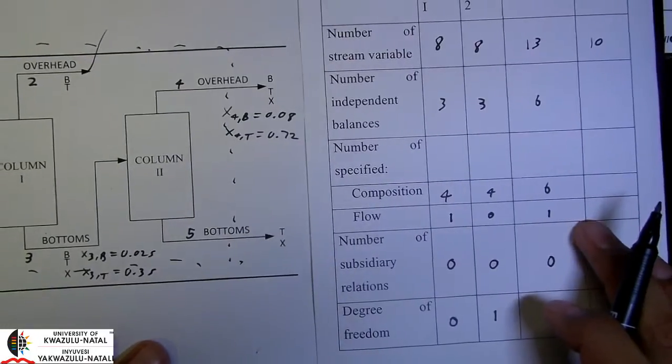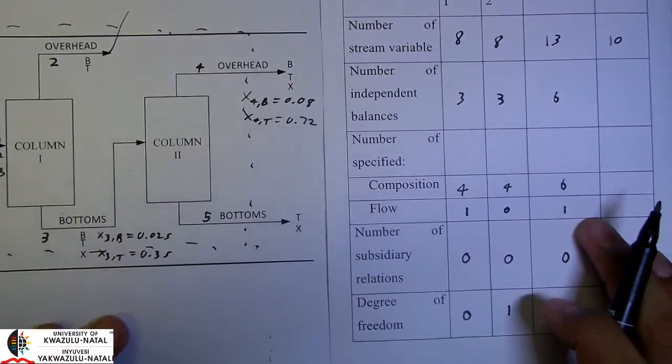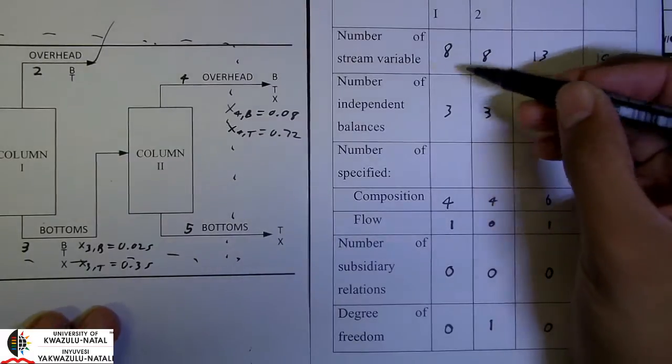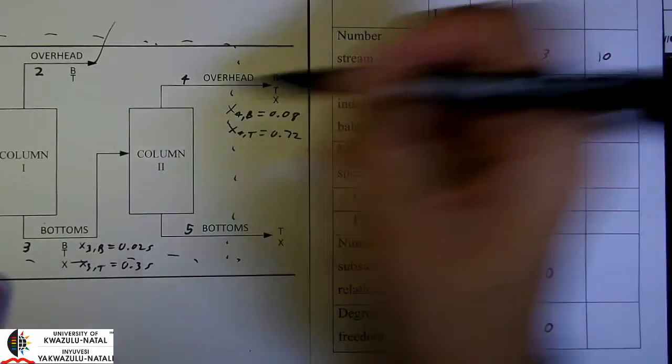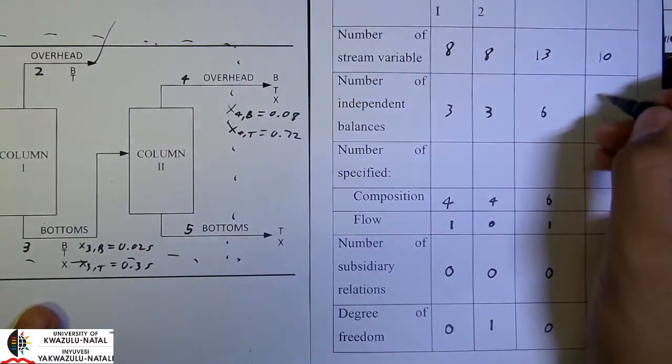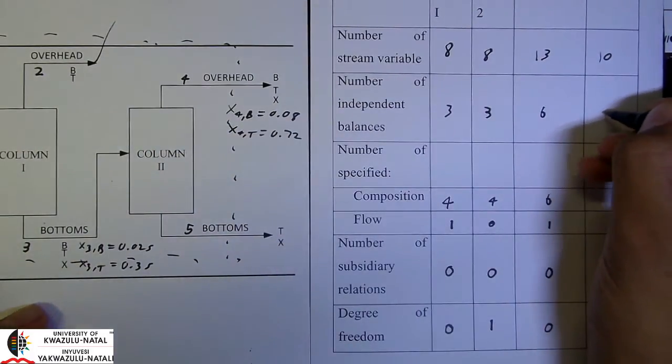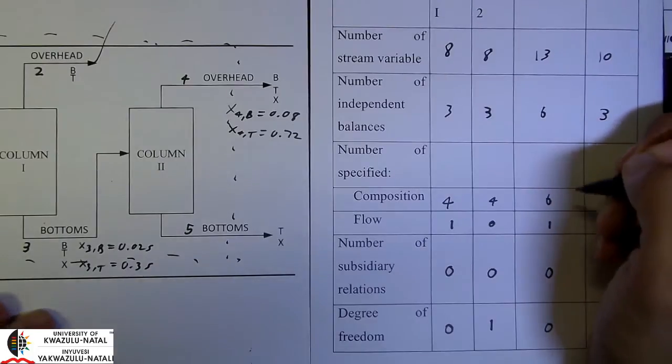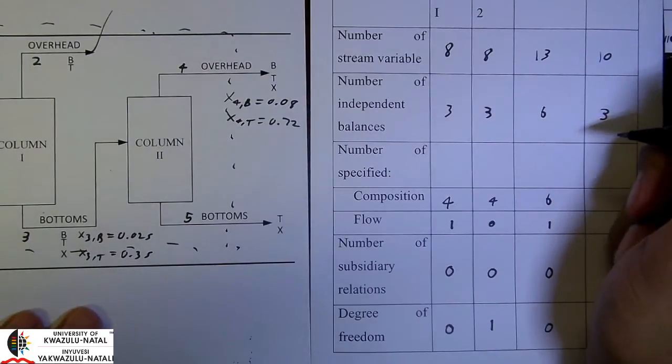In terms of the number of independent balances, we use the same approach as any particular unit. So there are a maximum of 3 components associated with the whole balance. So that's 3 independent balances.